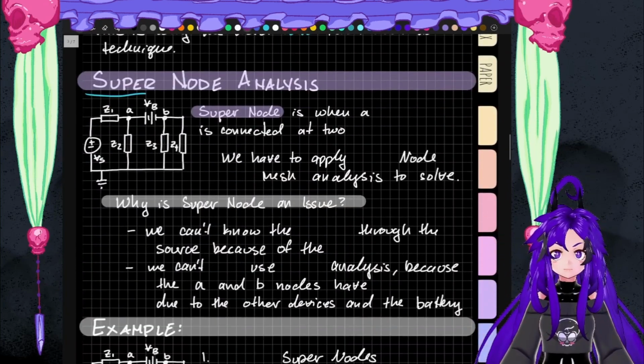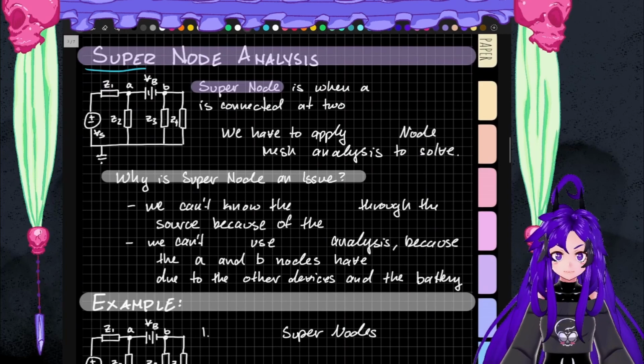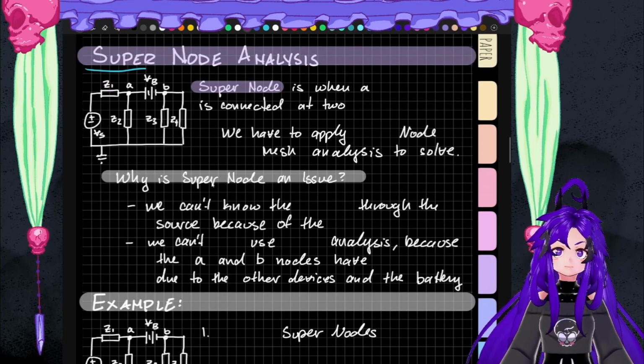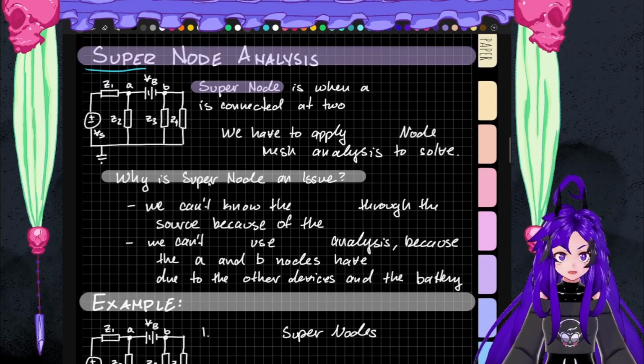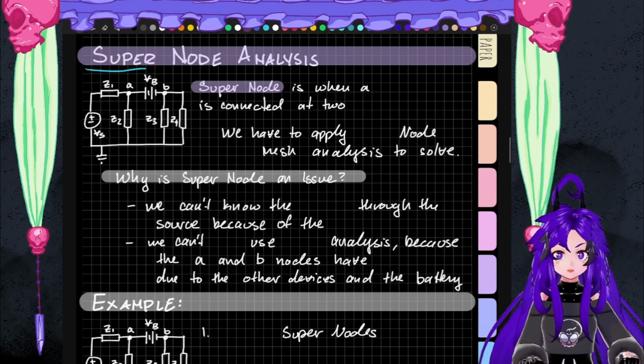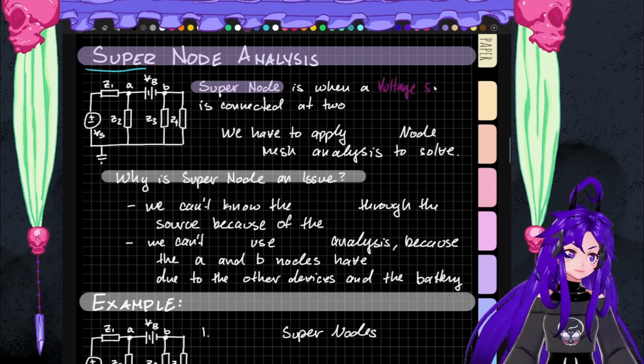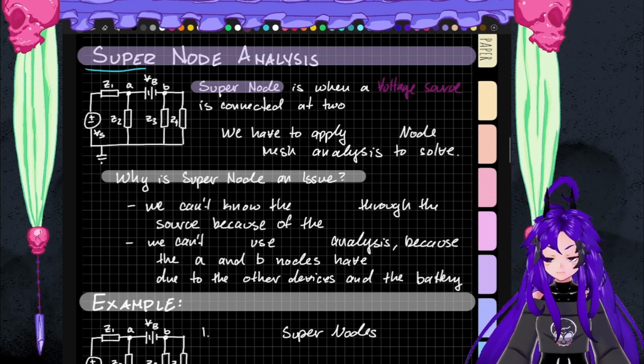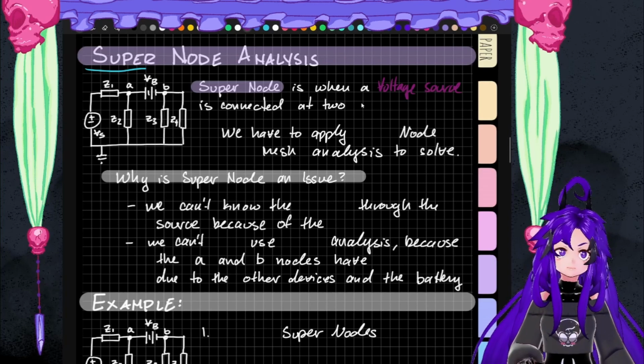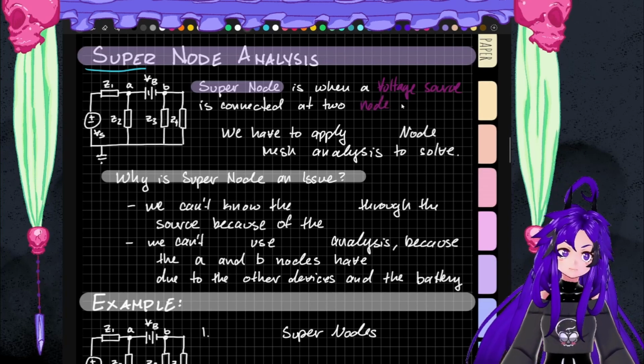So let's look at supernodes. Supernode analysis deals with a supernode. A supernode is when there is a voltage source connected to two node voltages.